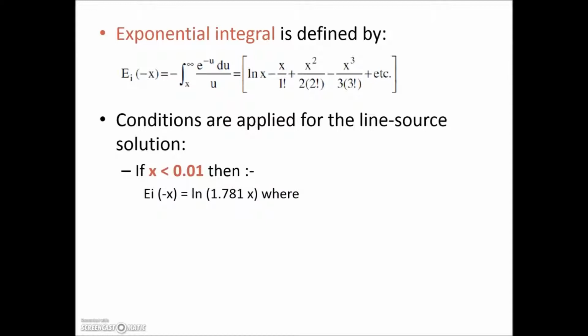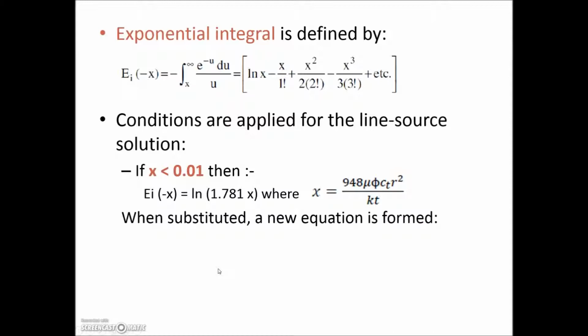If x is less than 0.01, then Ei(-x) is equal to ln(1.781x), where x is 948 times porosity, viscosity, total compressibility, r squared over kt. When substituted, a new equation is formed.